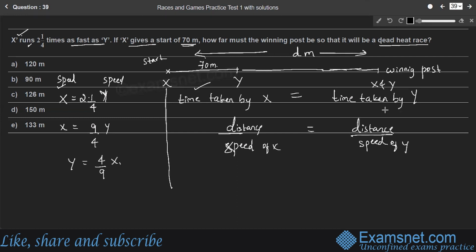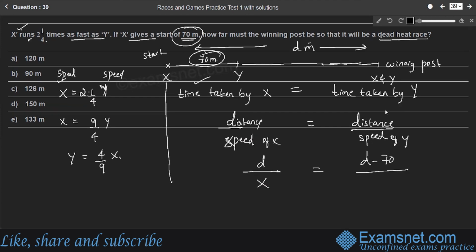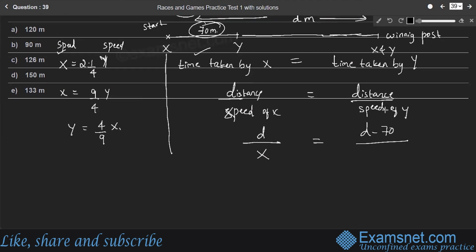Here x covers d meters of distance, and x's speed is x. Another person's distance covered is d minus 70, because the first person gives a start of 70 meters to the second person. Therefore, second person y covers a distance of d minus 70 divided by speed of y, which is 4 by 9 of x.